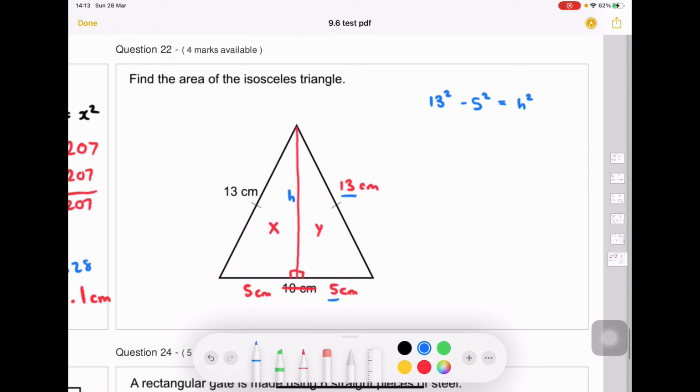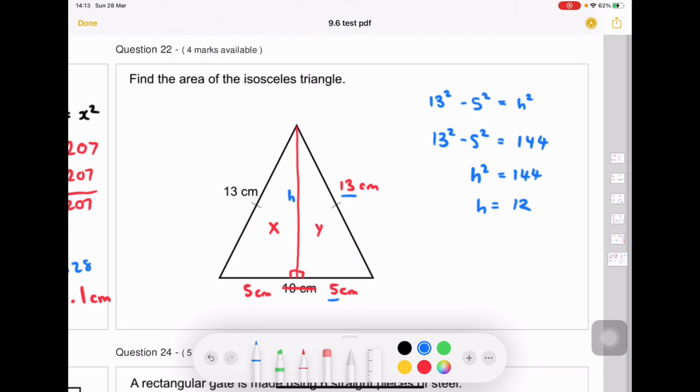13 squared take away 5 squared is actually quite a nice number. It is 144, which is a square number. So height squared equals 144. Height equals 12, because the square root of 144 is 12. So we worked out our height. Now we need to work out the area of the isosceles triangle.